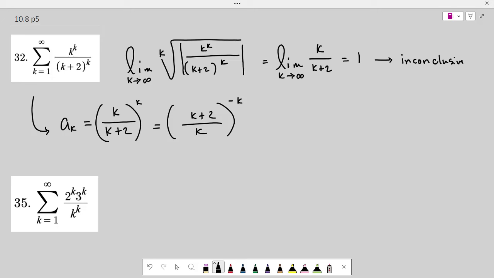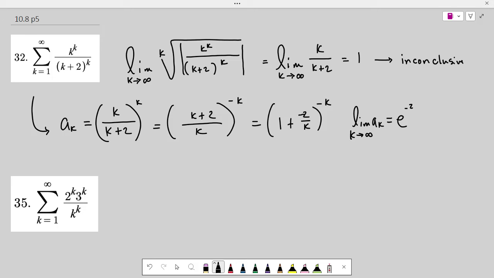Can't we rewrite that as 1 plus 2 over k to the negative k? And what's the limit of that? e to the negative 2. The limit of a sub k as k goes to infinity is going to equal e to the ab. That's a, that's b. So it's e to the negative 2.